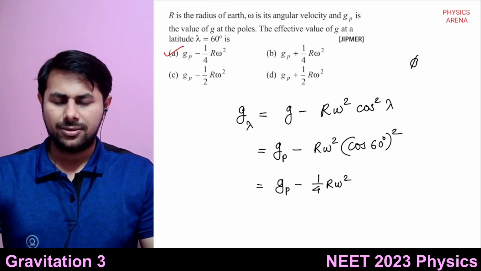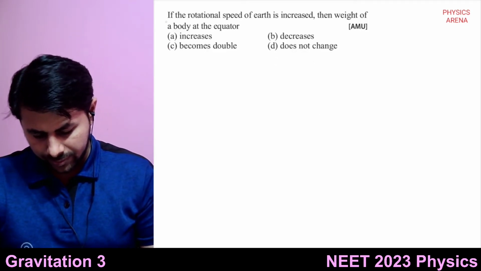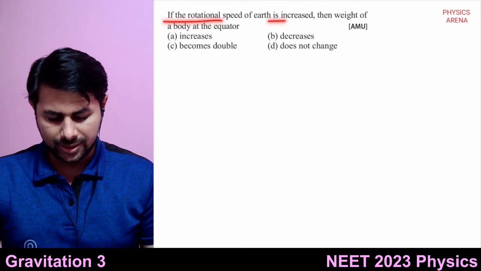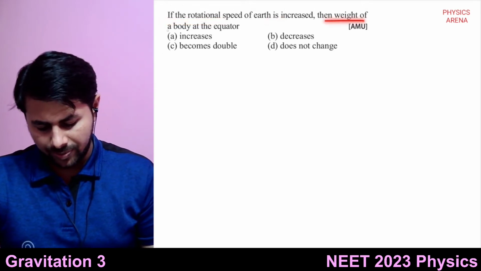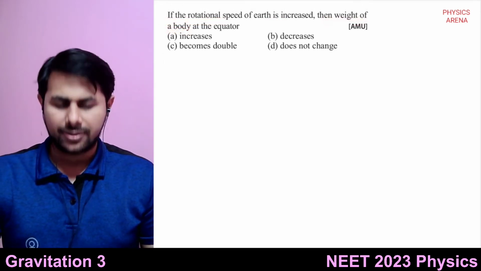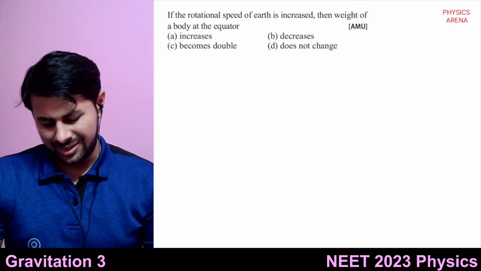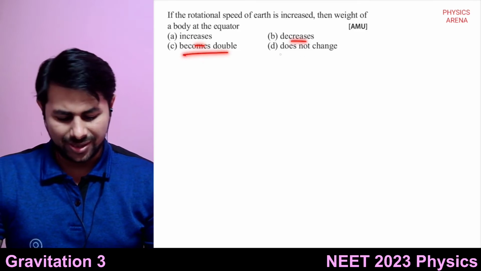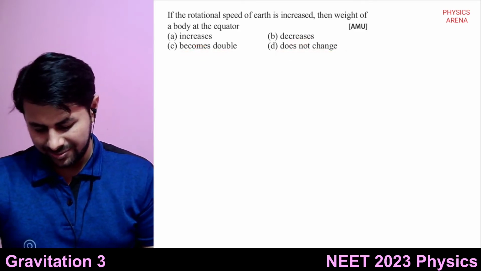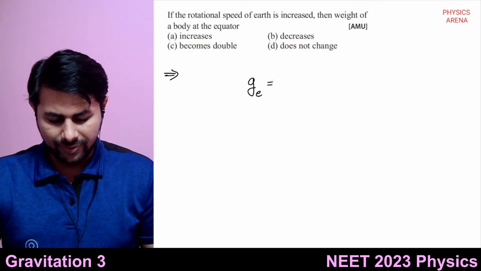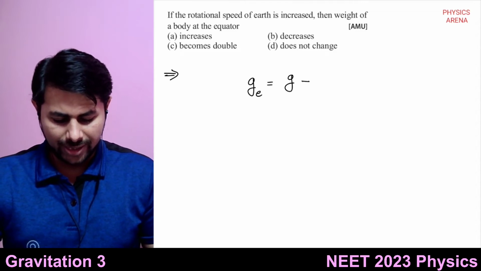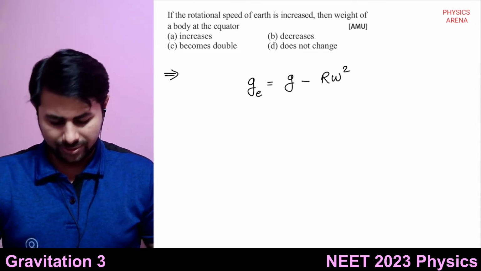Option A. Next question. If the rotational speed of Earth is increased, then what will happen to the weight of a body at the equator? It will increase, decrease, become double, or not change. Tell me. G at the equator is equal to G minus R omega square.